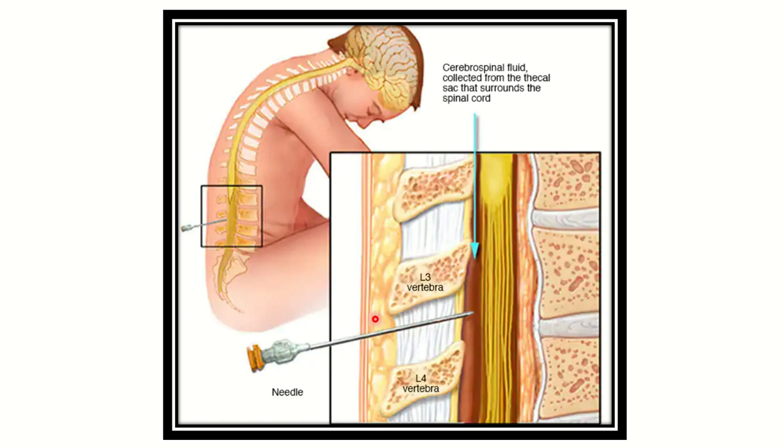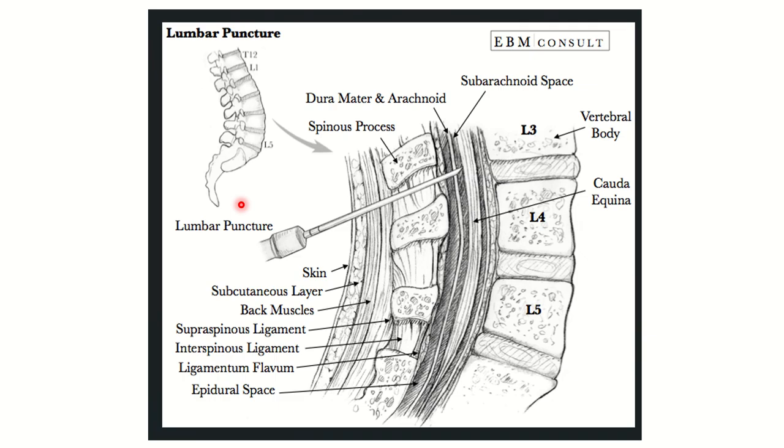So here we can see the different structures. We have to find out the name of this first structure, and here we can see the cerebrospinal fluid. It is collected in the thecal sac surrounding the spinal cord here and also here. So the needle is inserted from here.